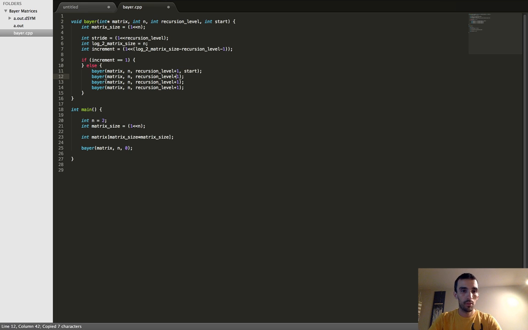So now this is what the increment is for. We say start plus increment, and then just add a lot of these. Start plus increment times 0. Start plus increment times 1. Times 2 and times 3. So that was the whole point of the increment right there.